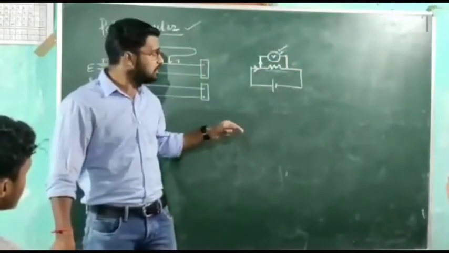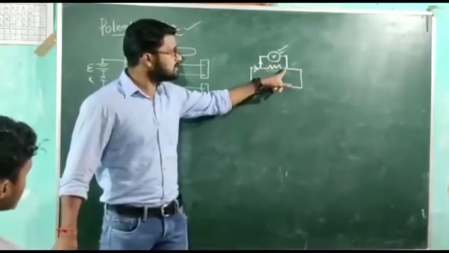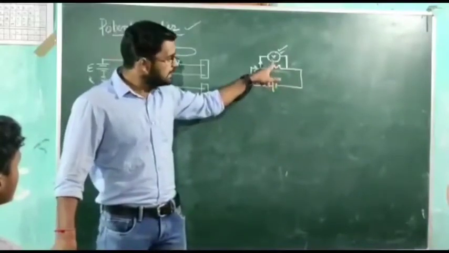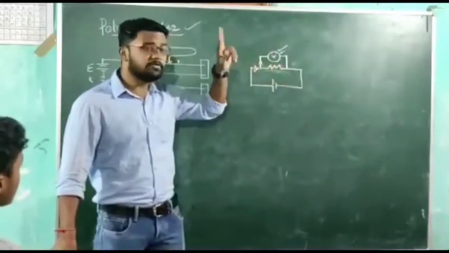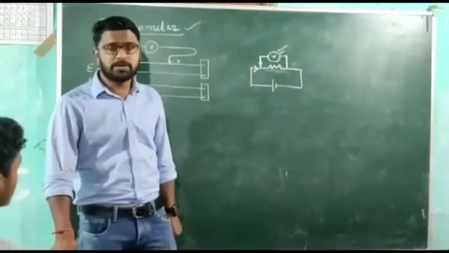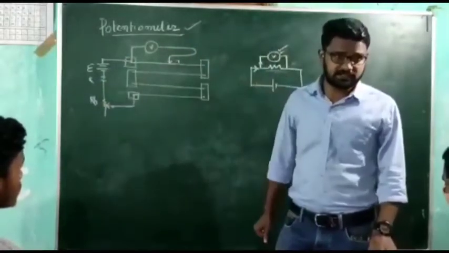In that case, you can measure the actual potential drop across it. But fabricating a voltmeter of infinite resistance is practically impossible. So we cannot form a voltmeter having infinite resistance.